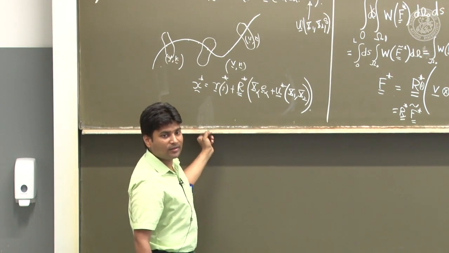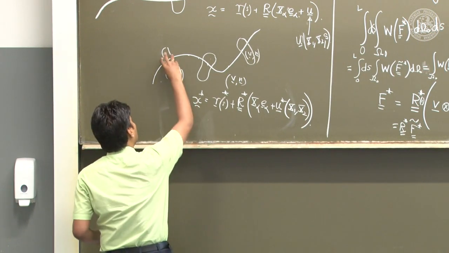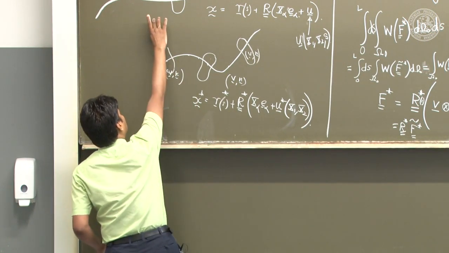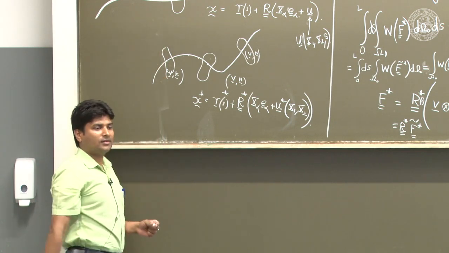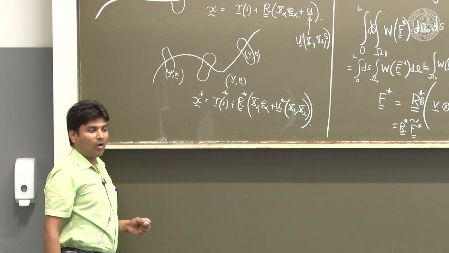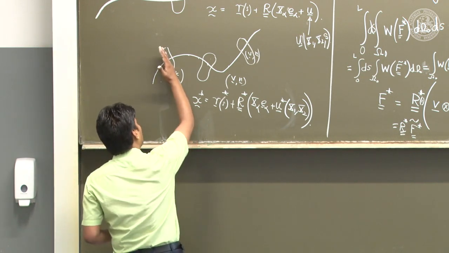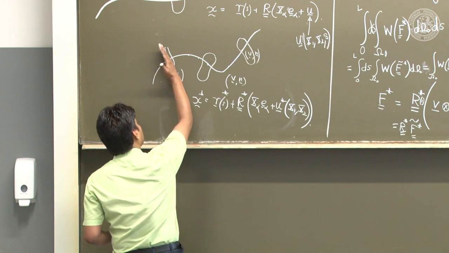Is it possible? Isn't it? I mean, you can have a u which brings this cross section from here to here, right? Or you can have a u which changes the orientation of the cross section. If it is like this, it changes to this.